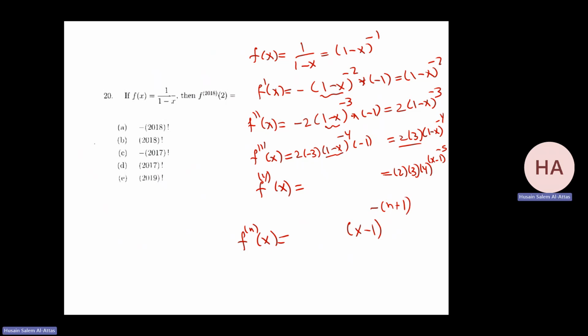So the third, it will be minus 4. The fourth, it will be minus 4 plus 1, minus 5, and so on. Times the number, it will be n factorial. This will be the number.